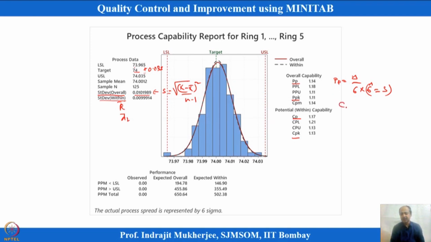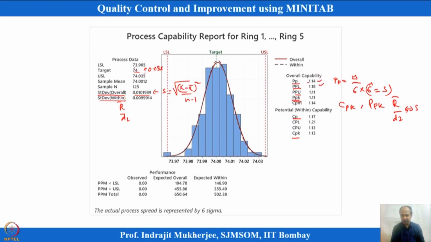Similarly, like CPK, we can calculate PPK, and here also the only thing that changes in the formulation is that instead of R bar by d2, we replace it with S. MINITAB does the calculation automatically for you. Here also PPL, PPU and PPK will be calculated and reported.